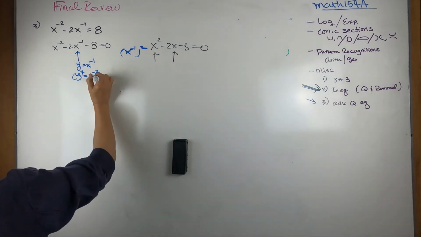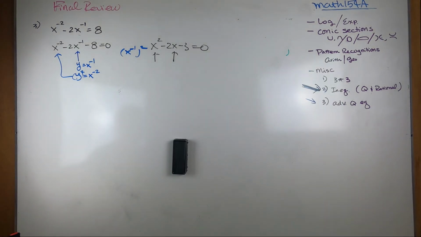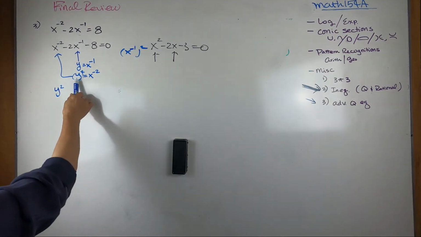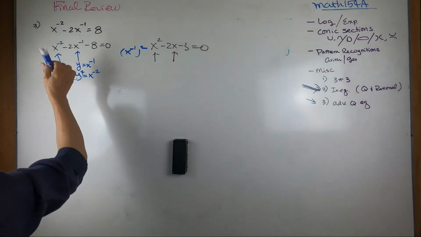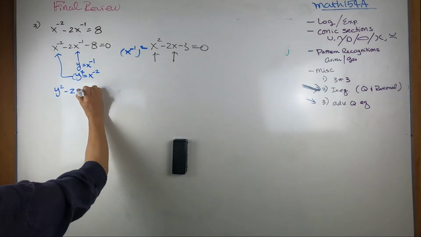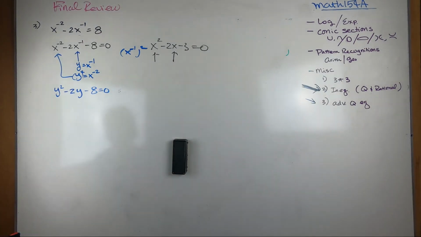So x to the negative 2 becomes what? y squared, right? y squared equals x to the negative 2 minus 2y, y is your x to the negative 1, minus 8 equals 0, right?